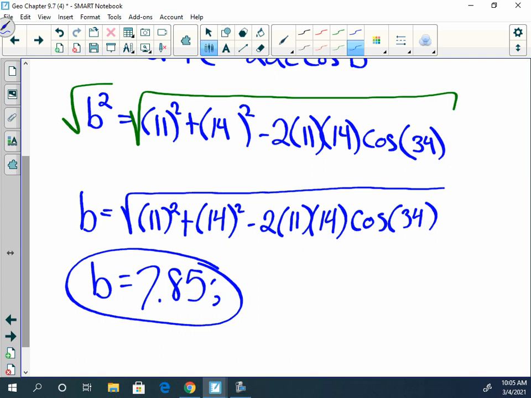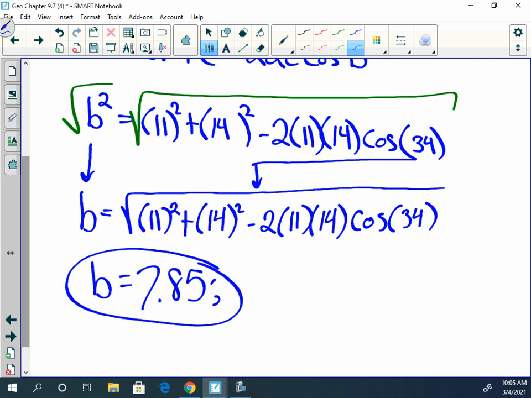Questions on this here? Yes. What's the difference between those two? Is that the exact same thing? Yeah, they're the same thing. I just rewrote it because in this step we took the square root of both sides, so this became B. And because we can just take the square root, I just took the exponent off, because the square root of b squared is just b.